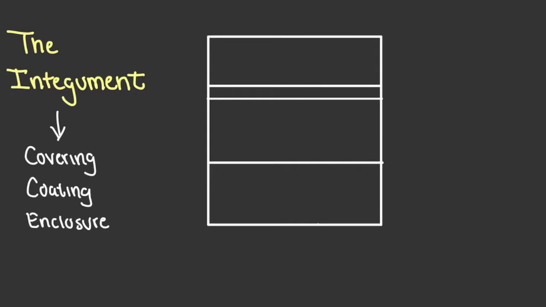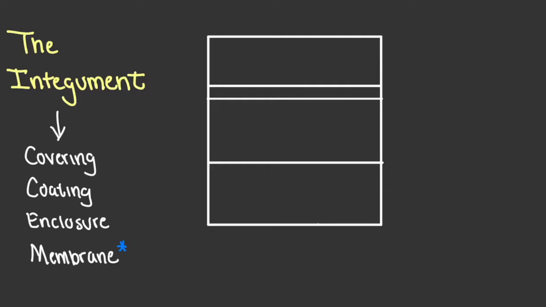But more importantly, an overarching term is membrane. So if we wanted to pick one of these words to be the primary description for what we're discussing when we talk about the integumentary system, it would be the word membrane.